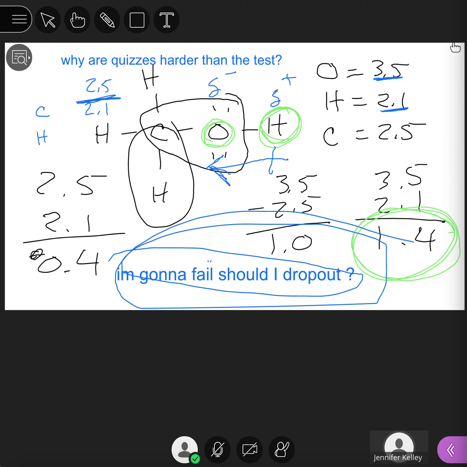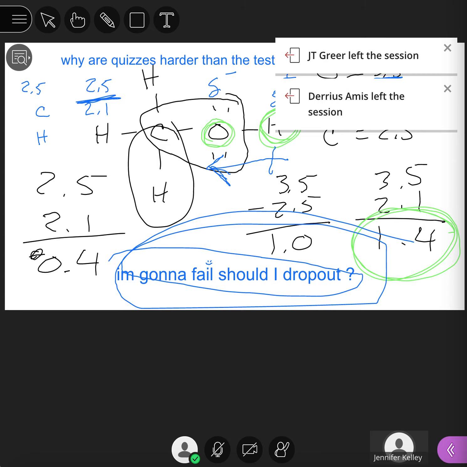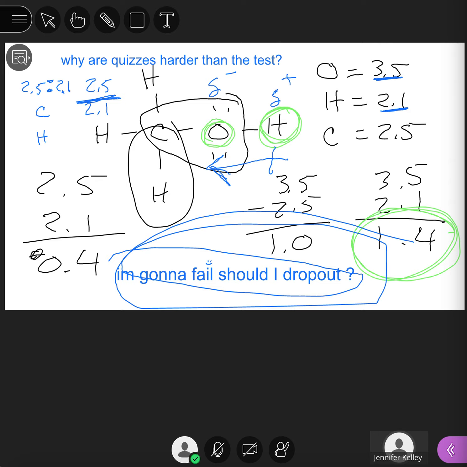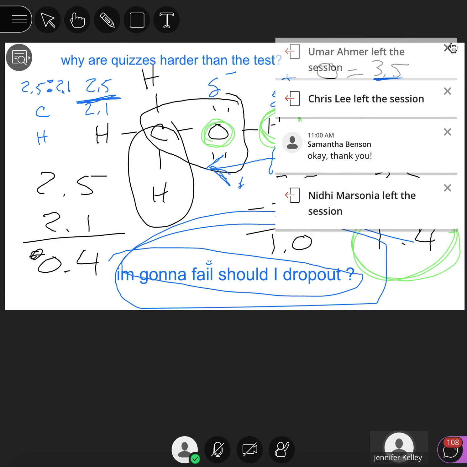It depends on what format they wanted it. You could do 2.5 to 2.1, or you could do it in fraction form, or you could put it in your calculator and just get a number from dividing. You're welcome.